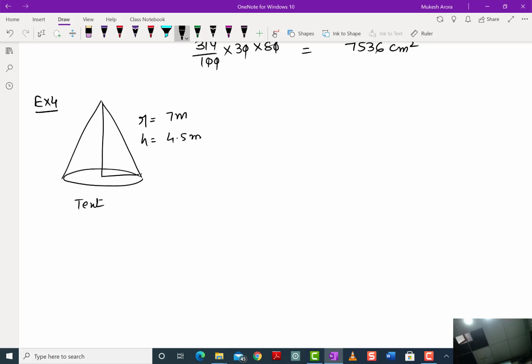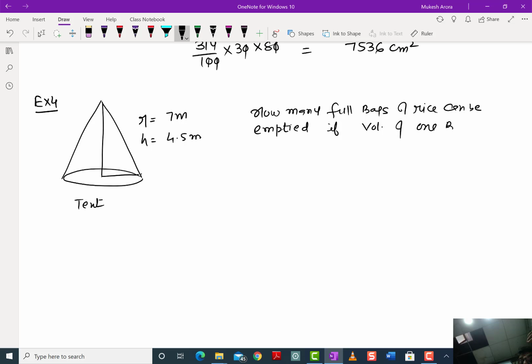How many full bags of rice can be emptied if the volume of one bag is 1.5 meter cube? So before that we have to find the volume of tent.